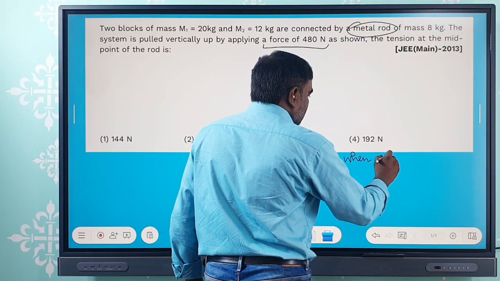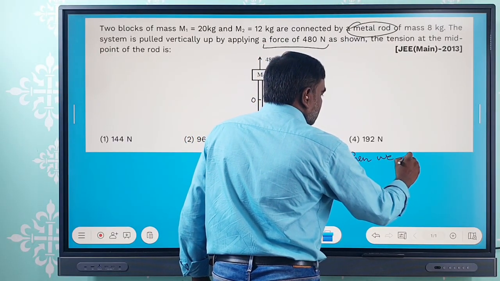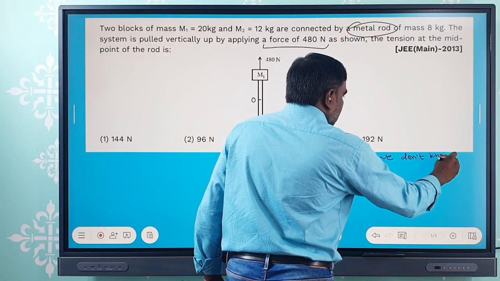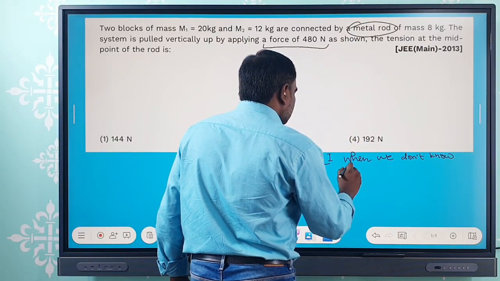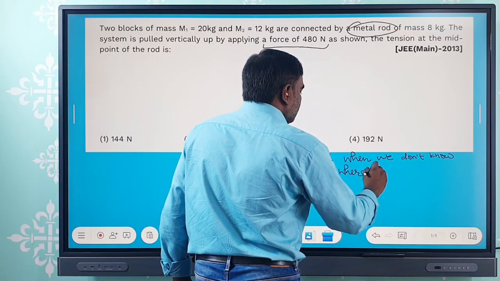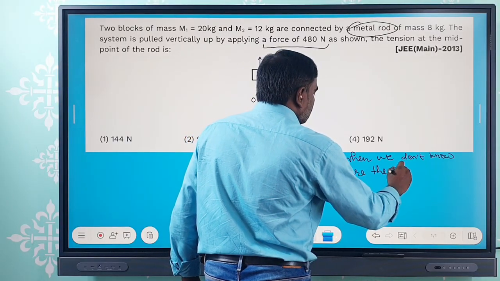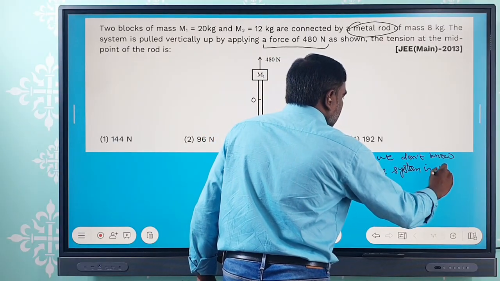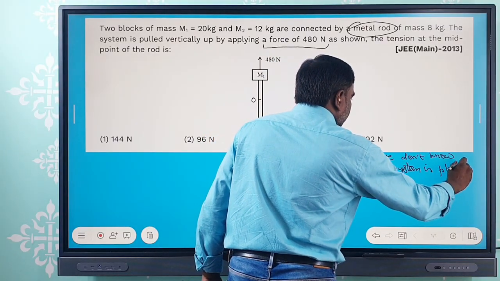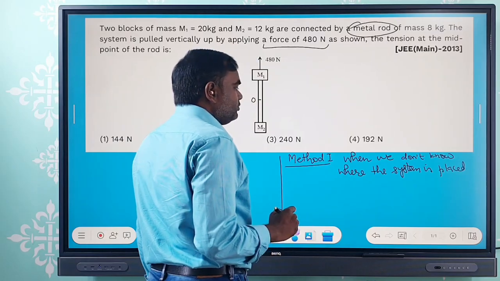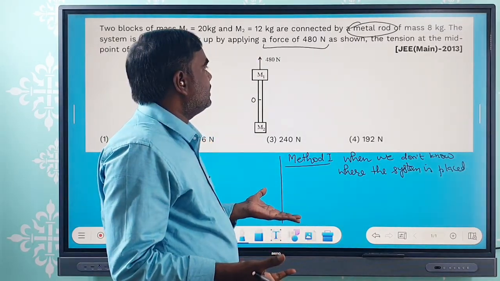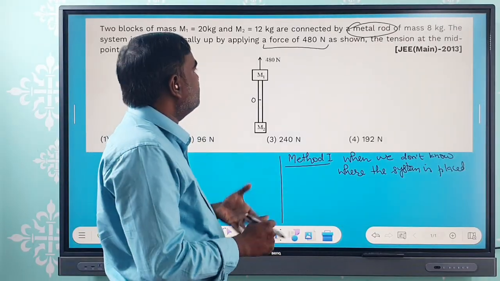When we don't know where the system is placed, in this case we can't use the acceleration due to gravity, because we don't know where in space the system is.